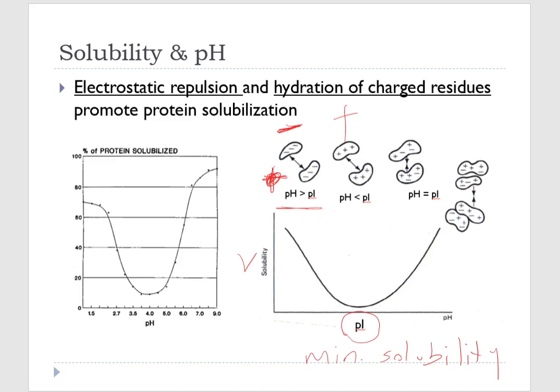So what promotes solubility? Electrostatic repulsion and hydration of charged amino acid residues promote solubilization of the protein.